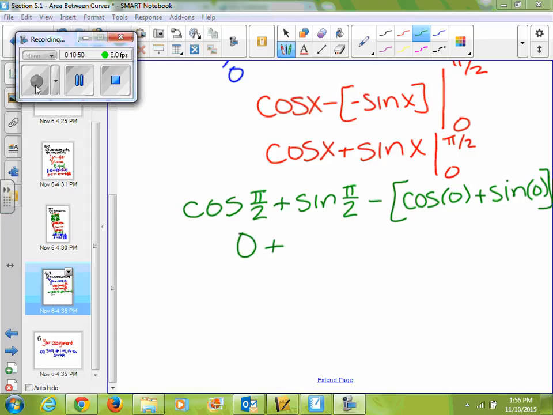What's sine of pi over 2? 1. Okay. Minus what's cosine of 0? 1. And sine of 0 is 0. So 0 plus 1 minus 1 minus 0 is 0.